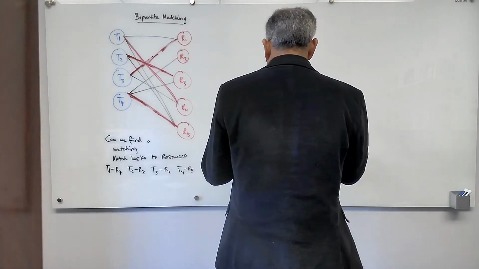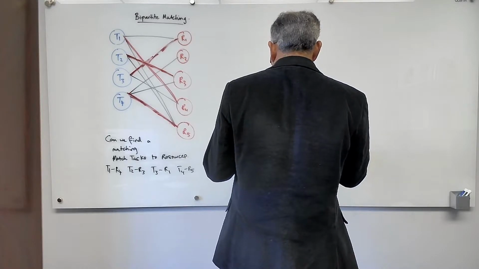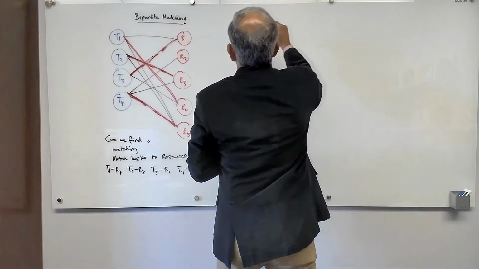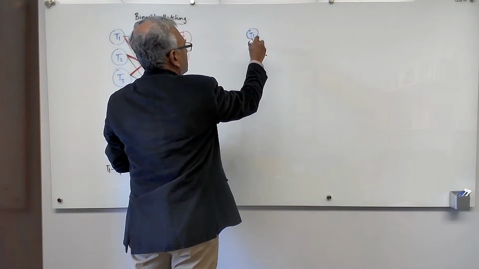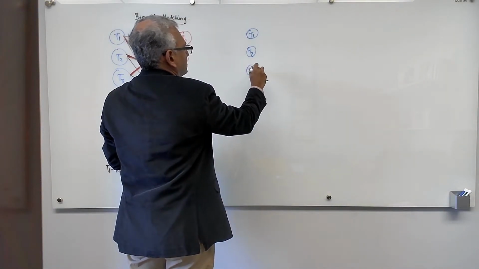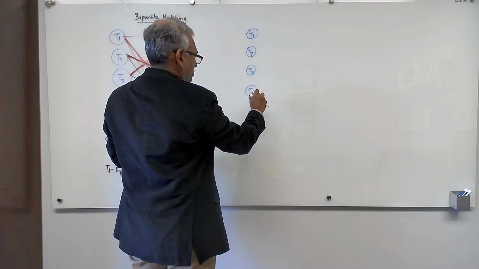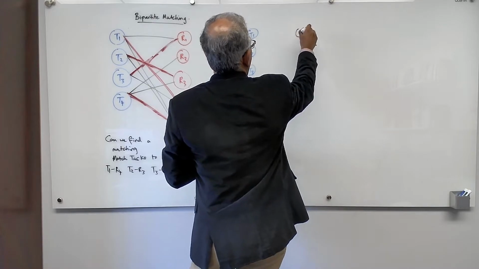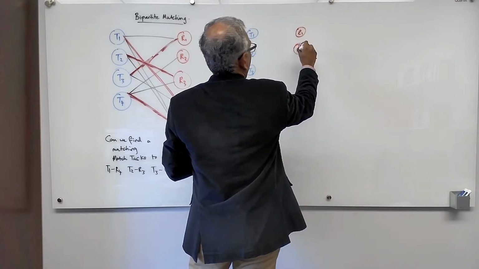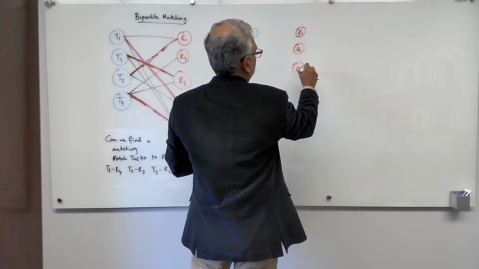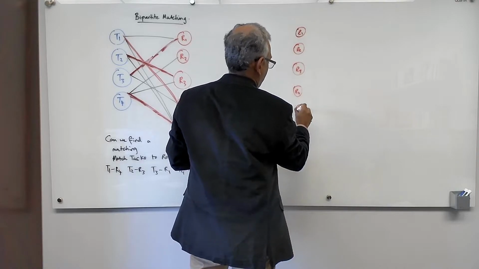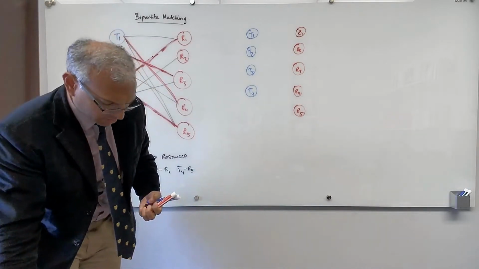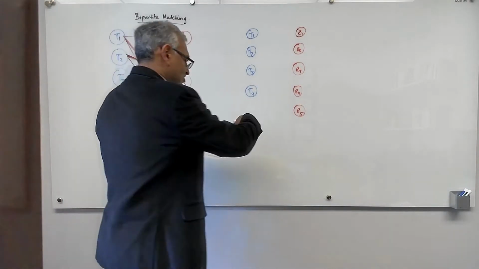Let's do one more example. Similar setup, 4 tasks, T1, T2, T3, T4, and you have resources R1, R2, R3, R4, R5. Now let me show you for this example which resources can do which tasks.